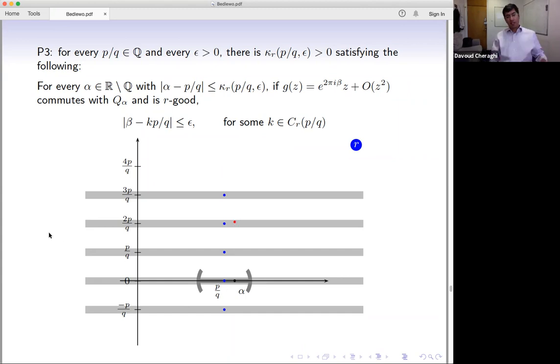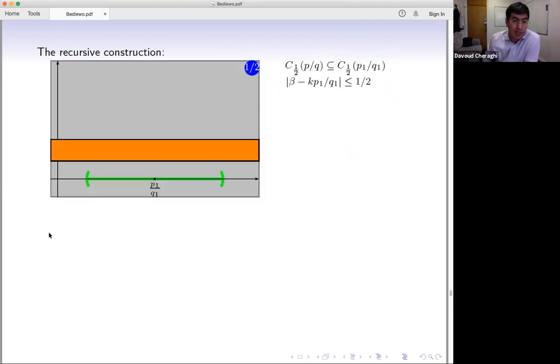And the claim is that these 3 properties are enough to build my limiting rotation number. So there is a two-dimensional argument to get the limiting value alpha. Let me take a plane which is tagged by 1/2.